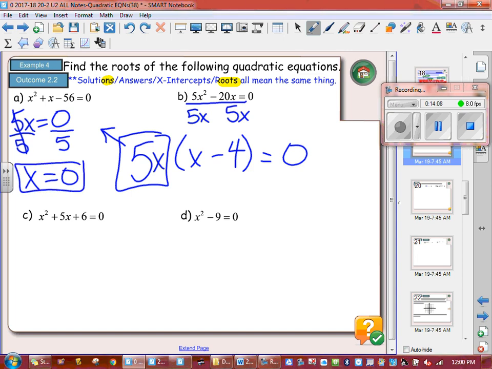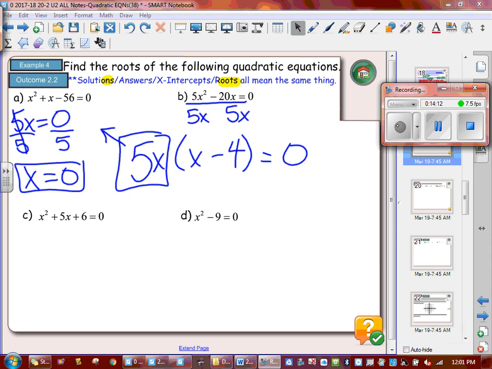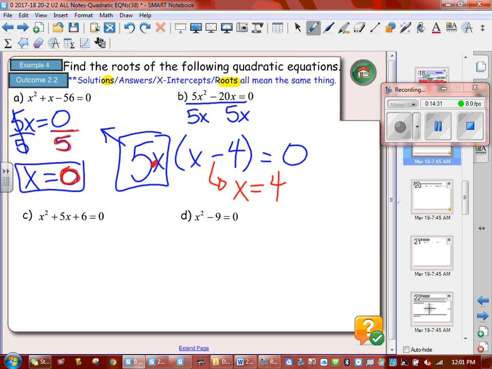So we can make a general rule here that whenever we have a variable sitting beside a number like that, it's always going to divide out and become 0. So our first one gives us 0 as an x-intercept solution. The next one, we're going to pull out of the bracket, make opposite sign to negative 4. So x would be positive 4. That's what would make this bracket equal to 0. So I have 2 solutions, 0 and 4 for this question.